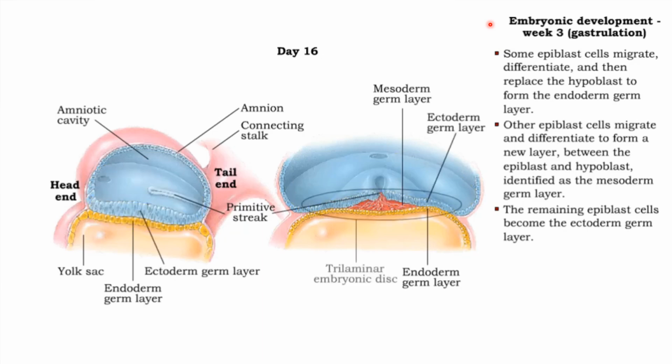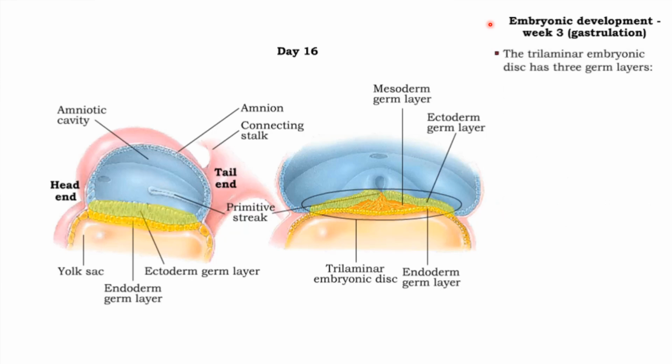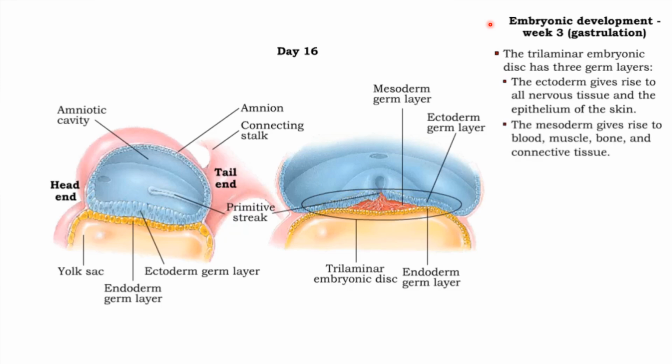The result of gastrulation is the formation of the trilaminar embryonic disc, consisting of the 3 germ layers. The ectoderm gives rise to all nervous tissue and the epithelium of the skin. The mesoderm gives rise to blood, muscle, bone, and connective tissue.